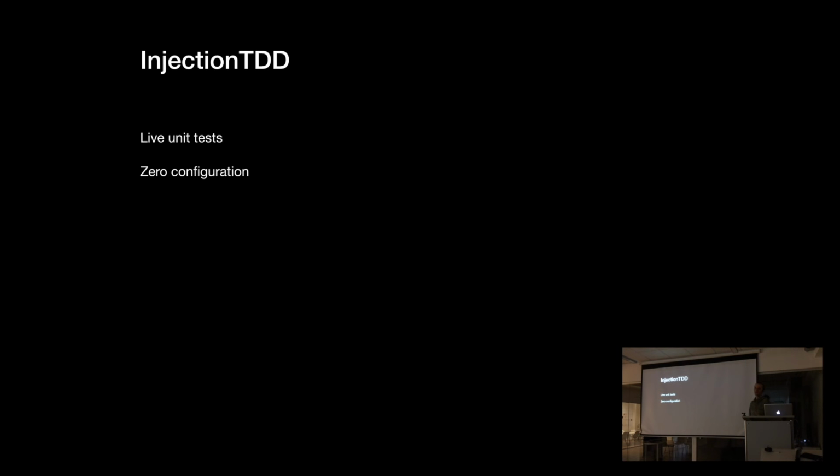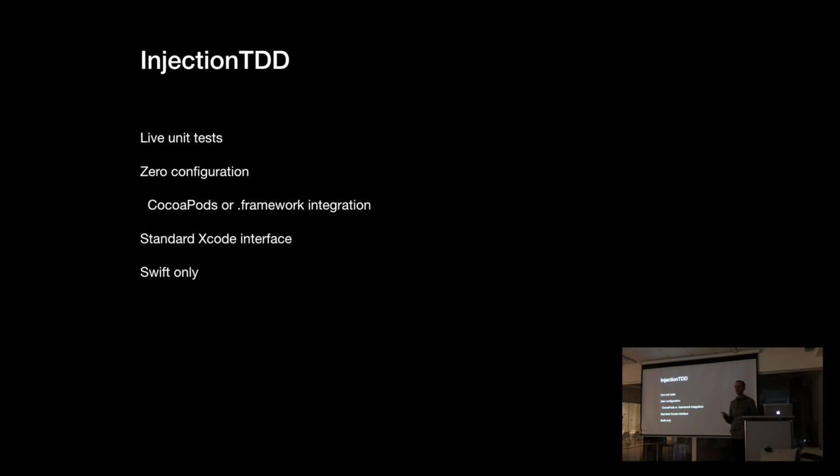It requires 0 configuration, or very minimal, because the only thing you have to do is to include this .framework there, or add an extra pod, 1 line of change. And all the interface feedback for you is within Xcode. And remember that it uses only Swift. InjectionTDD uses only Swift, so both implementation and test have to be written in Swift.